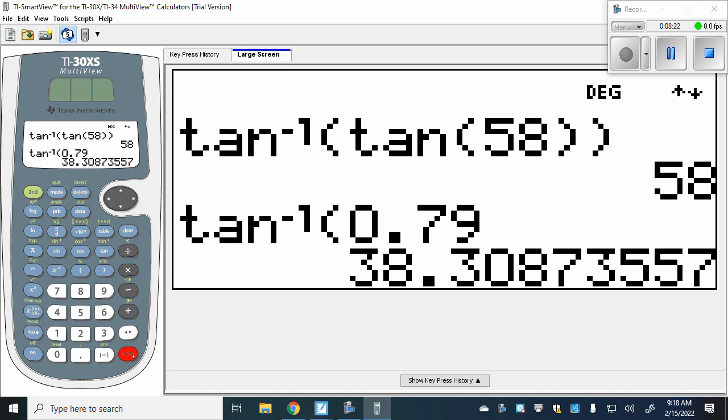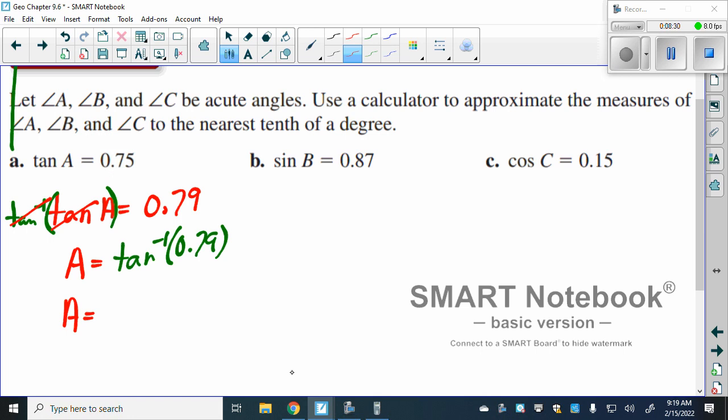And we should get 38.3. Did y'all get the same thing? So this is telling us that the angle is 38.3 degrees. And that's it. If I want to find the angle, I'm really taking tangent inverse of both sides, if it is tangent, to find the angle. Okay.